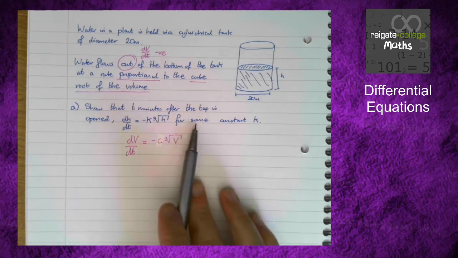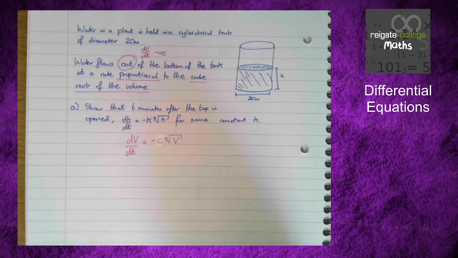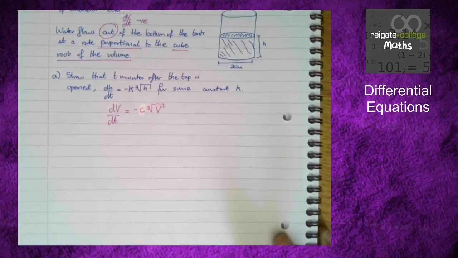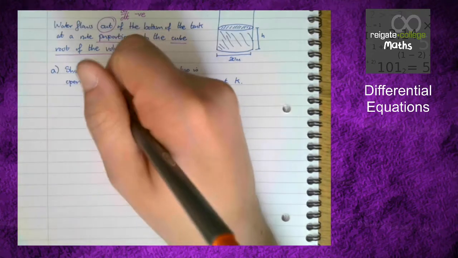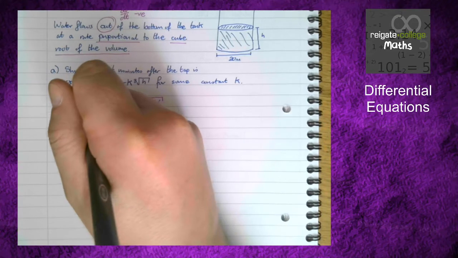You can use any letter you like, just as long as you don't use k. Now, for some constant k means we're not going to work k out. k is going to probably be quite unpleasant, so we're just going to have something there instead. Now notice, we want dh by dt.